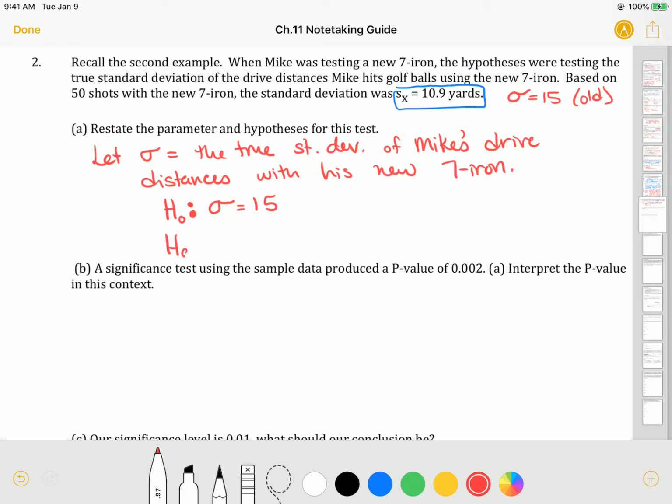The alternative is what we suspect to be true. So we're hoping that with this new 7-iron and this new technology his drive distances will be more accurate, meaning his standard deviation will go down. So our alternative is that the standard deviation will be less than 15. And looking at our curve here, we're going to be looking at the left tail, and that's going to give us our p-value, that probability right there.